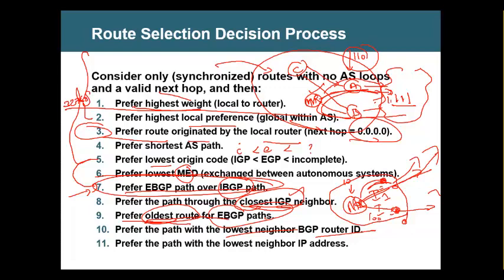If the router ID is not the same, one will be lower than the other. Prefer the path whose neighbor router ID is lower.